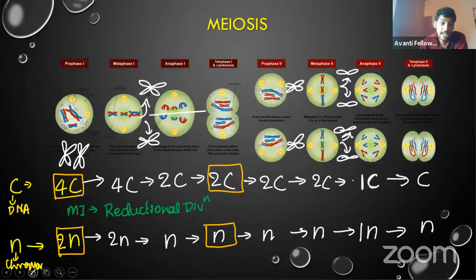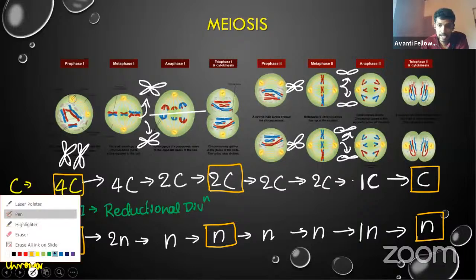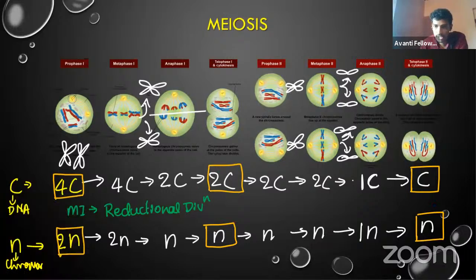So what happened here? I'm just making it a square. As you can see, from this phase to this particular phase, the chromosome number is the same.